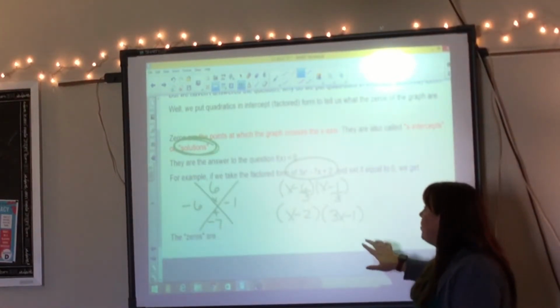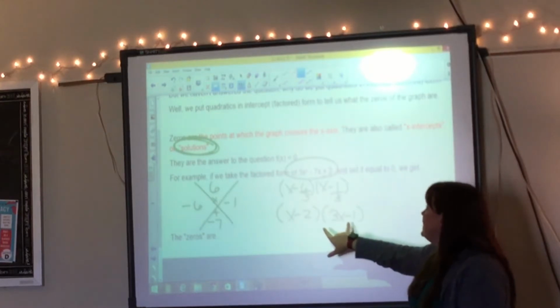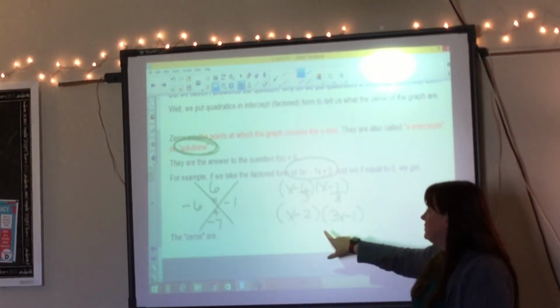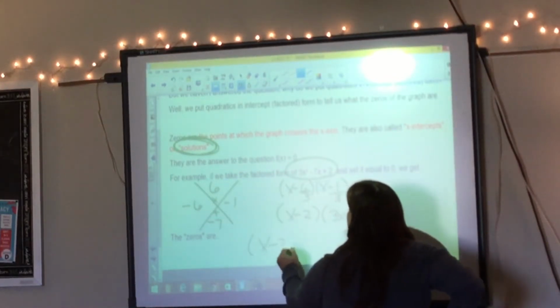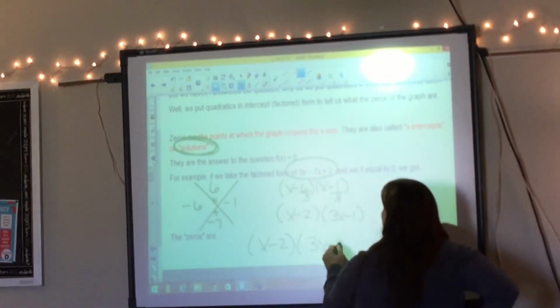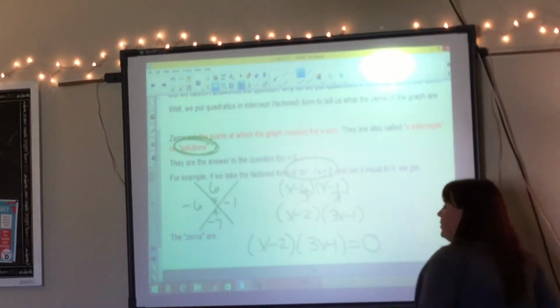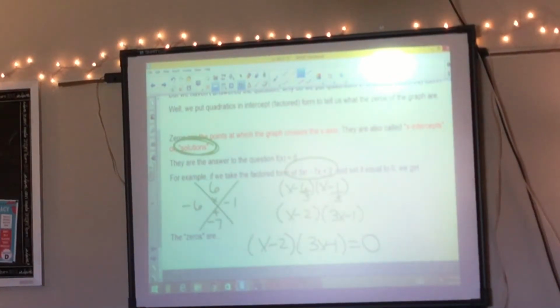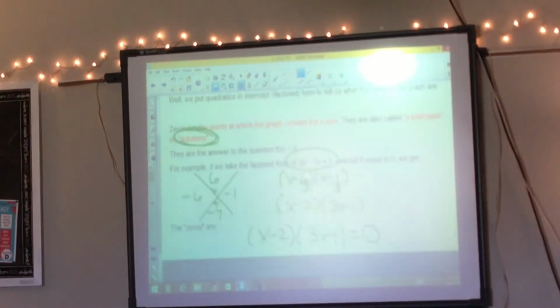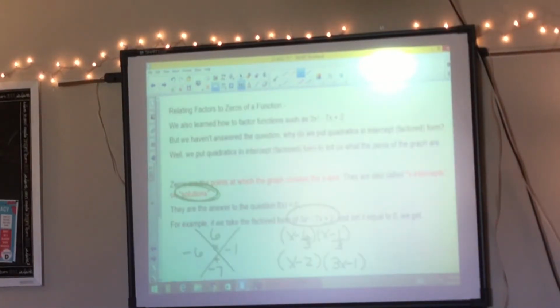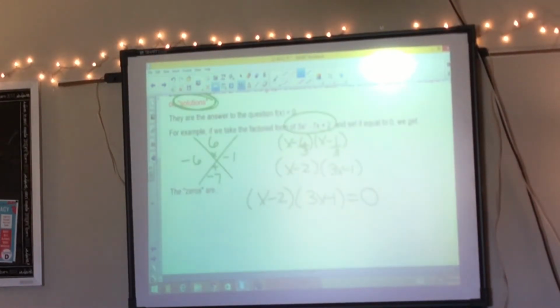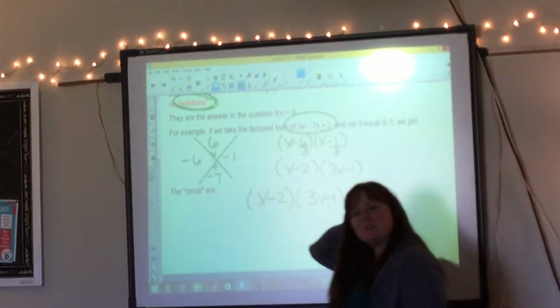Okay, so if we set this equal to 0, we would say x minus 2 times 3x minus 1 equals 0. How do we solve that? You don't have to FOIL. Here's my question.